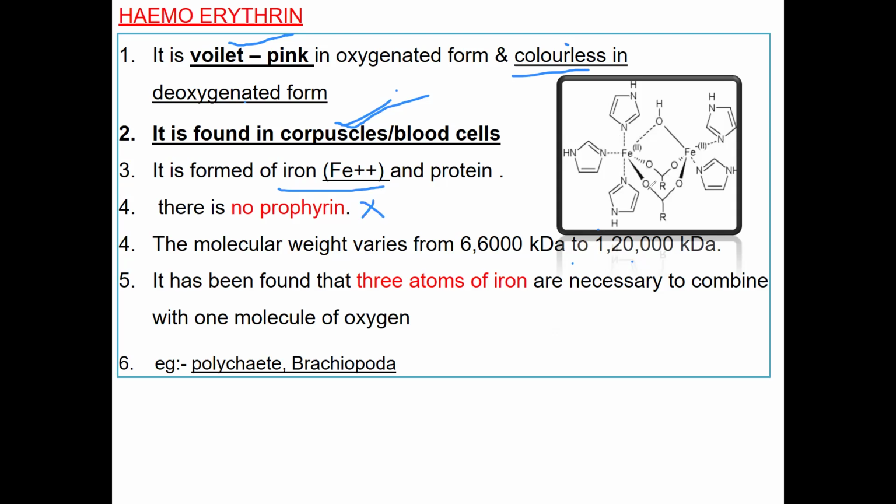When you call it a porphyrin, there is one more pyrrole ring, which makes four. So there is no porphyrin, but three pyrrole rings are present, and iron is the metallic ion, violet pink in color. It is present in the blood cells. Molecular weight is not important. So three iron.